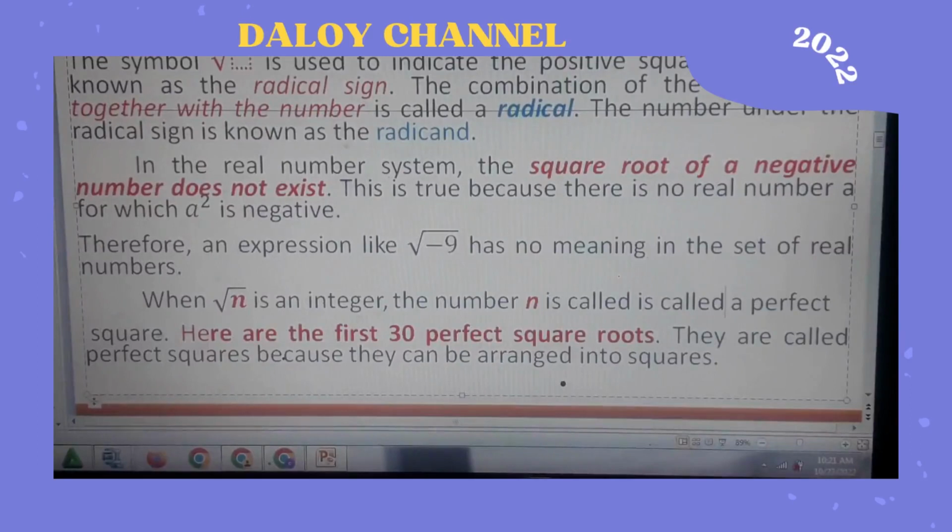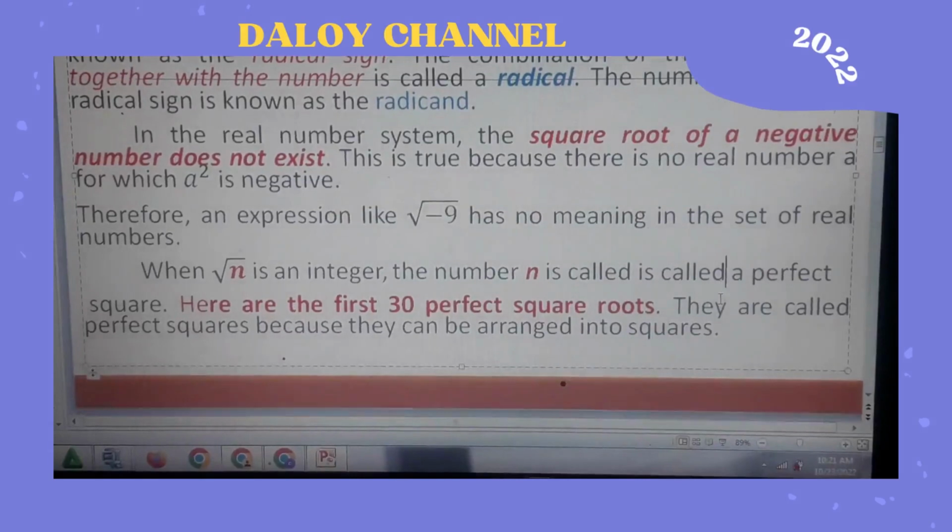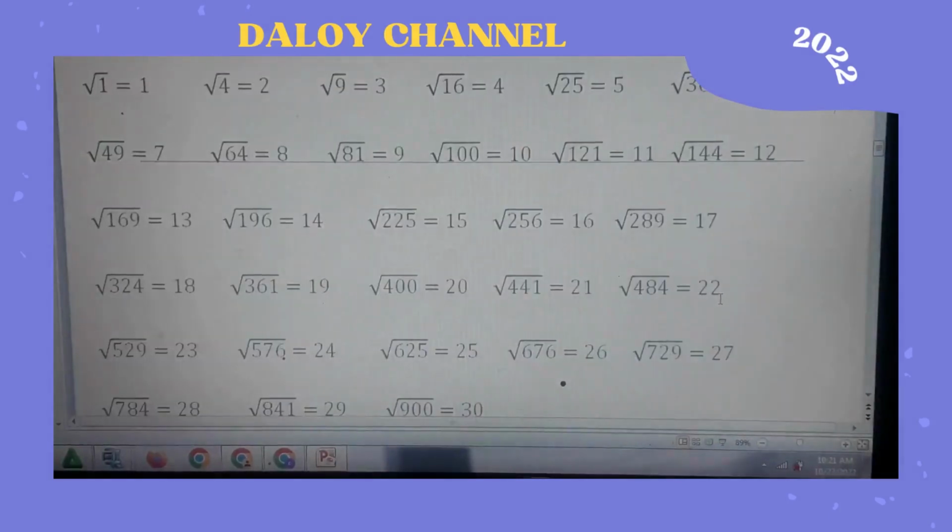So here are the first 30 perfect squares. They are called perfect squares because they can be arranged into squares. For example, the square root of 1 is 1, the square root of 4 is 2, the square root of 9 is 3.